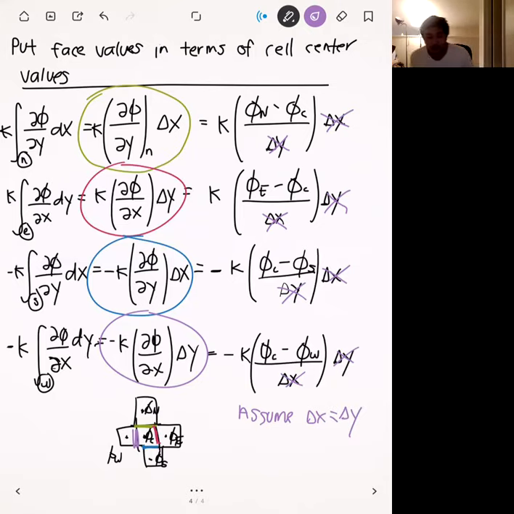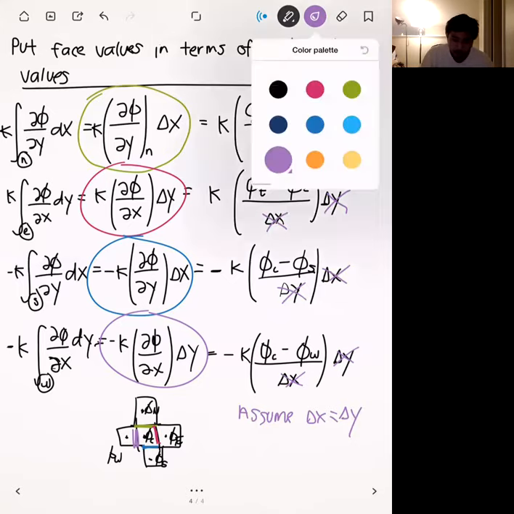Now we have our four integrals, and we have everything in terms of the cell-centered values. If you have an interior cell, all you would have to do is add all of these up together, and that would give you the left-hand side of your 2D diffusion finite volume expression.